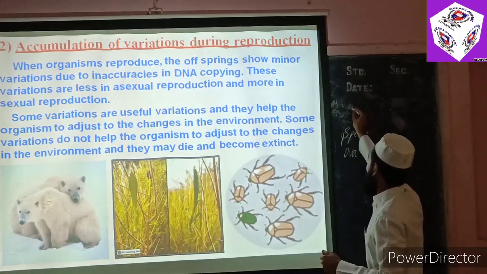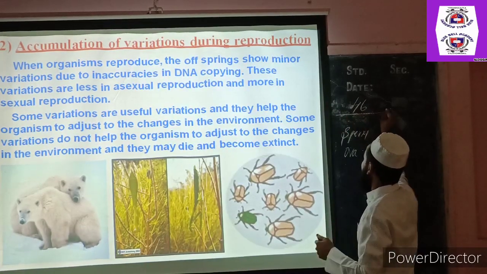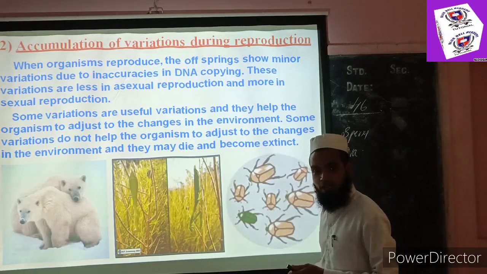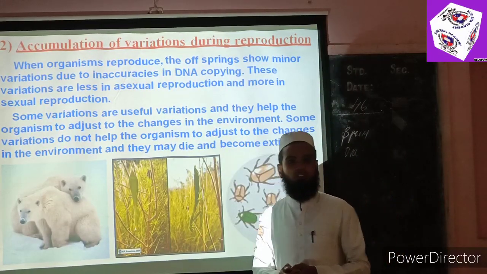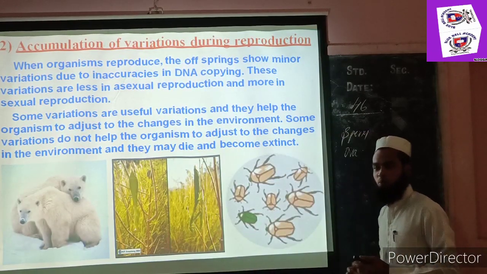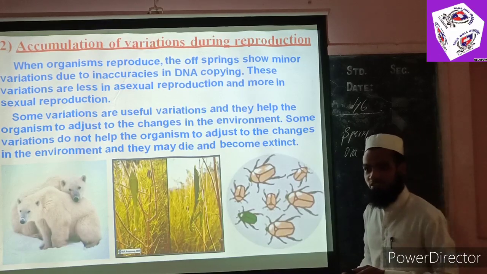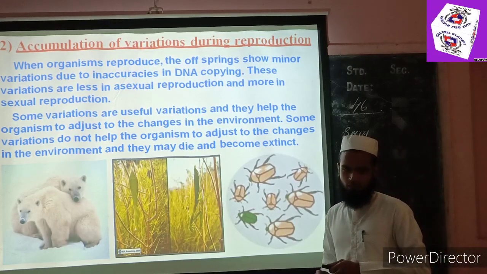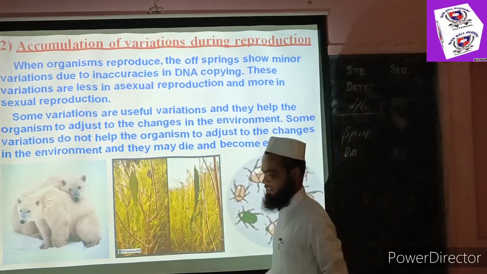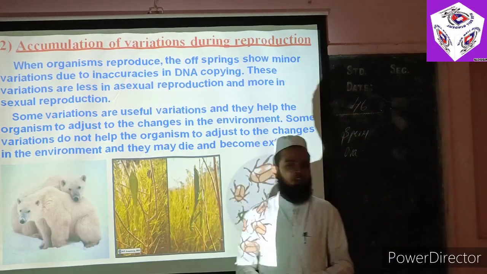The total number of chromosomes in a human is 46, and these 46 chromosomes are present in the cells. You have studied the cell structure in the lower classes. In the cell we have the nucleus.